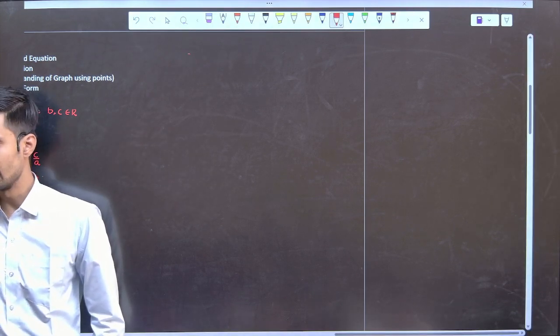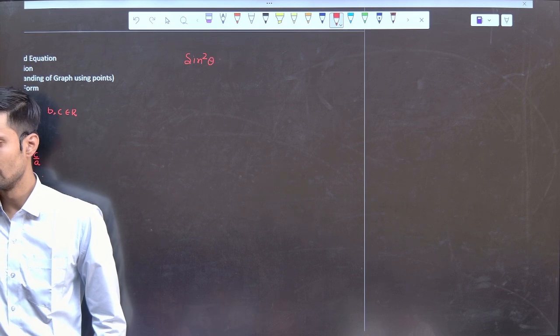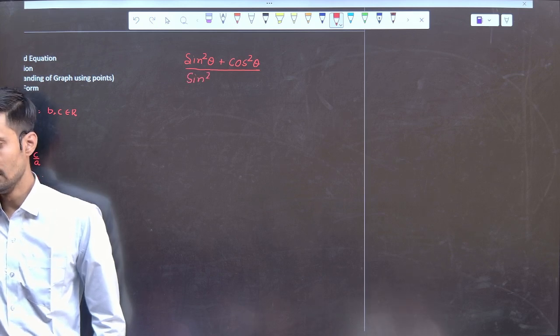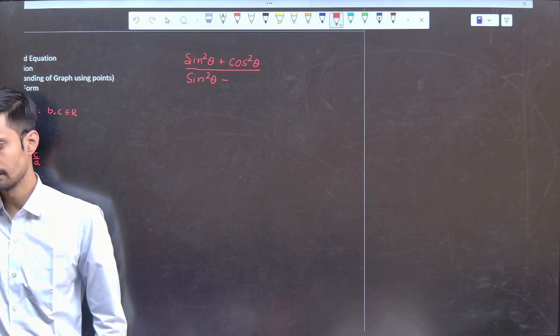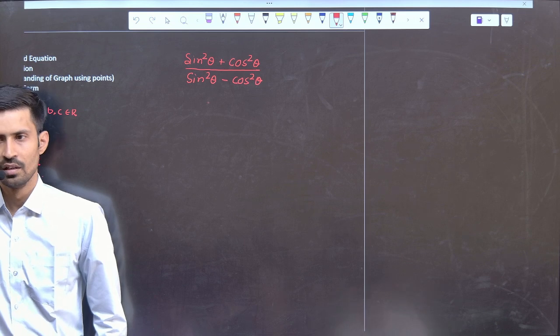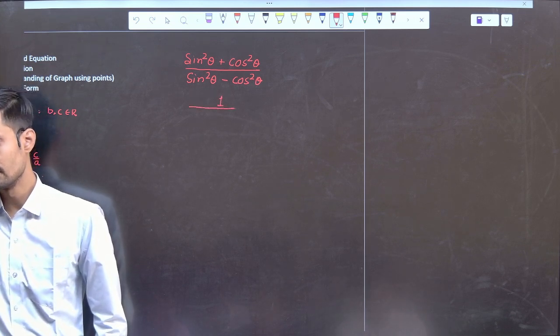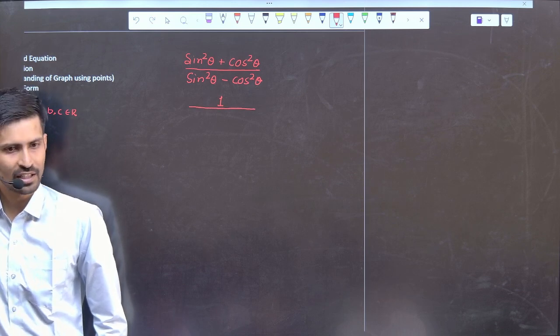So that is sin square theta plus cos square theta upon, so this will become 1 upon sin square theta minus cos square theta.